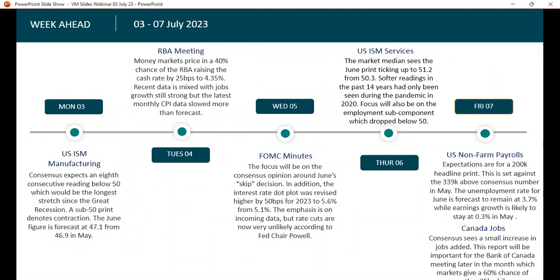If we do get a deterioration in these ISM surveys in June, that potentially could revive those recession fears, after Powell played down the prospect in that panel discussion last week in Portugal at Sintra. We also get FOMC minutes. The focus will be on the skip decision, how much consensus opinion there was around that skip, if you like.